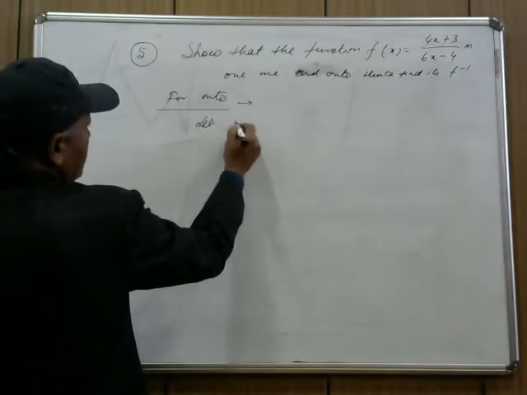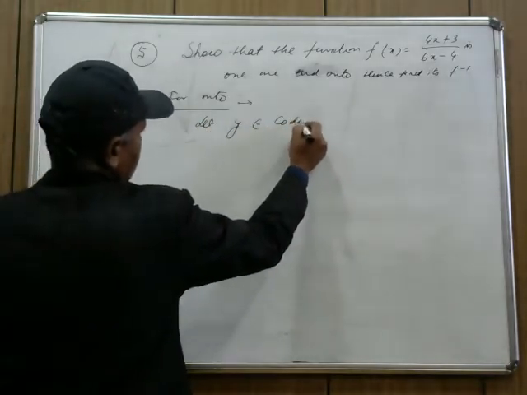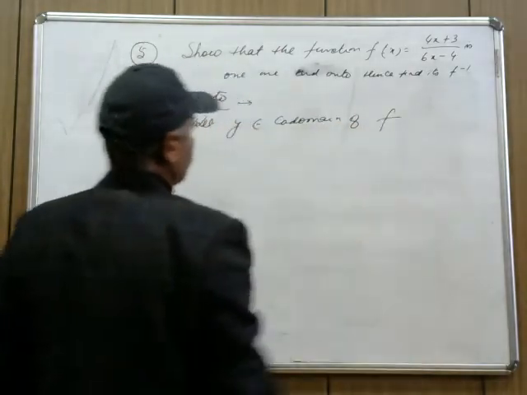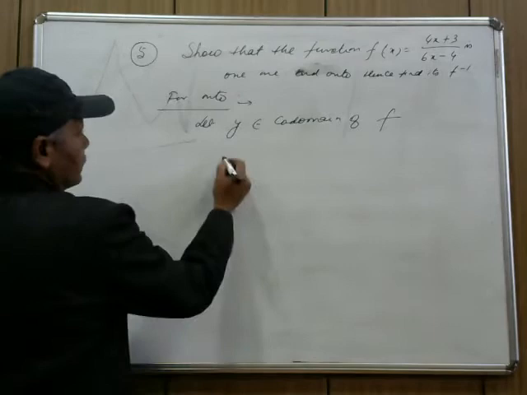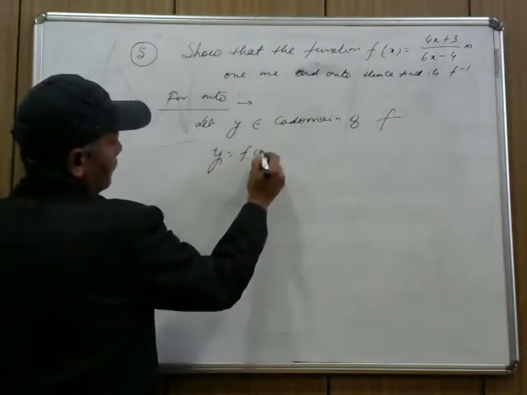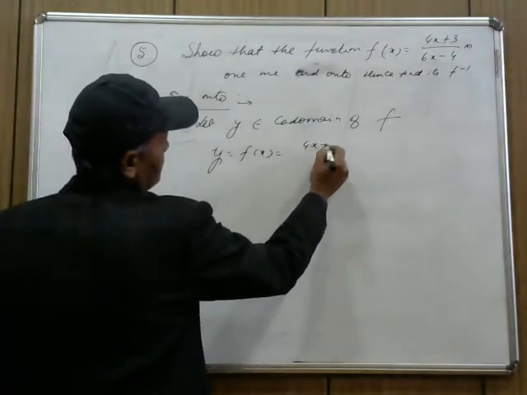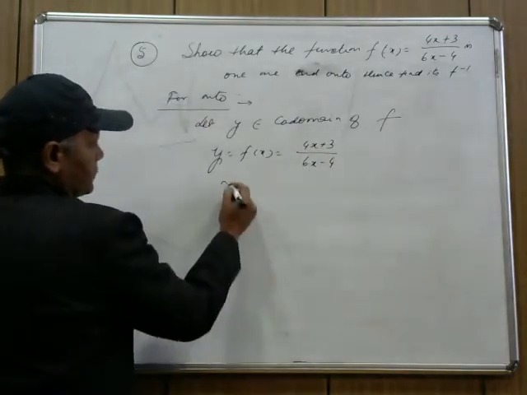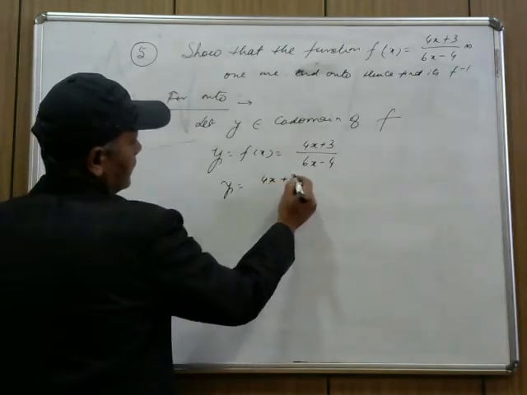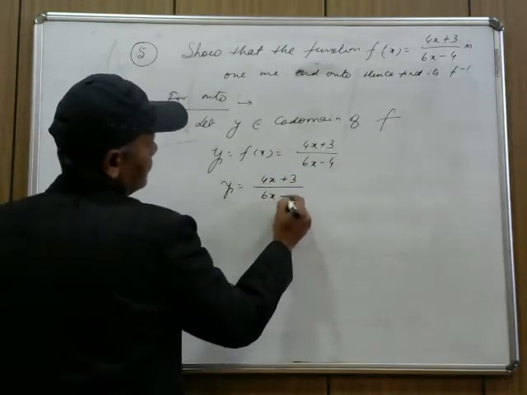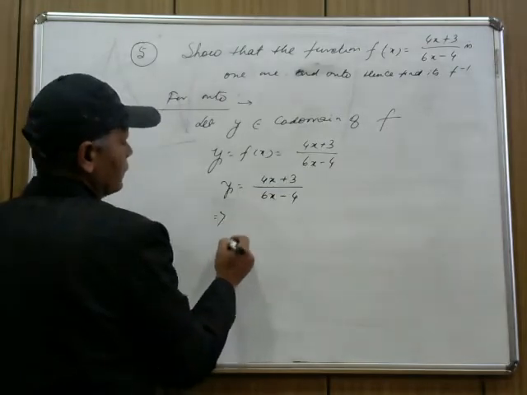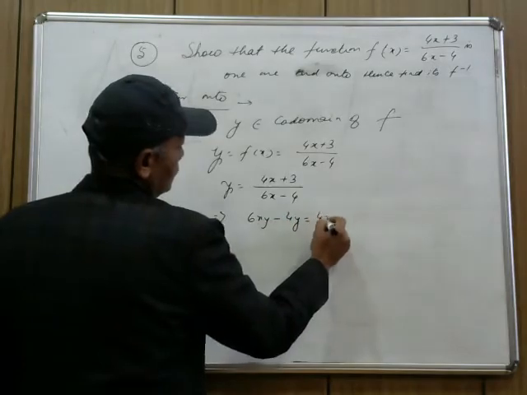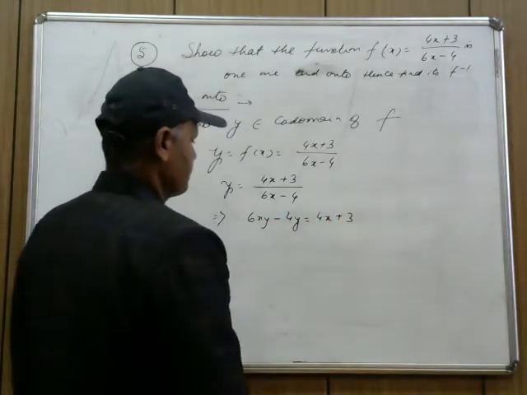Let y belong to the codomain of f. Therefore y is equal to f of x, which is equal to (4x + 3)/(6x - 4). That means y = (4x + 3)/(6x - 4), which will give you 6xy - 4y = 4x + 3.